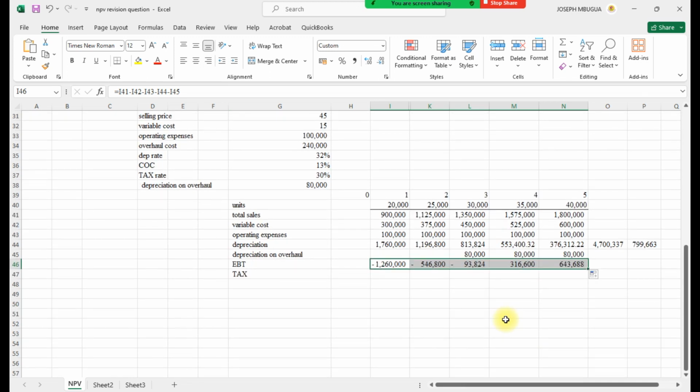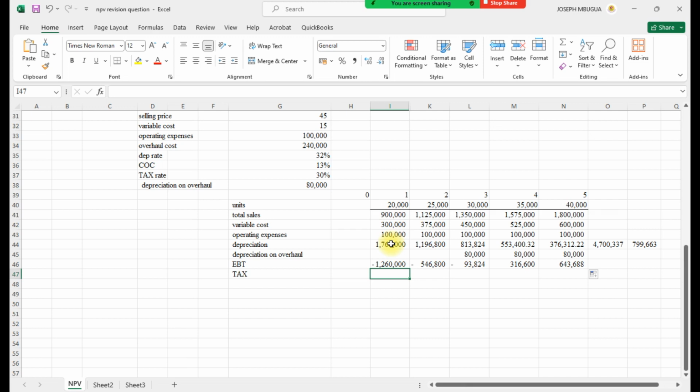Then our tax. The other issue I need to address is the issue on tax. Ideally whenever you are dealing with taxation, you normally say we don't tax losses. Losses are carried forward ideally, but when you're dealing with capital budgeting, this loss is a result of the depreciation, and the depreciation is a non-cash item.